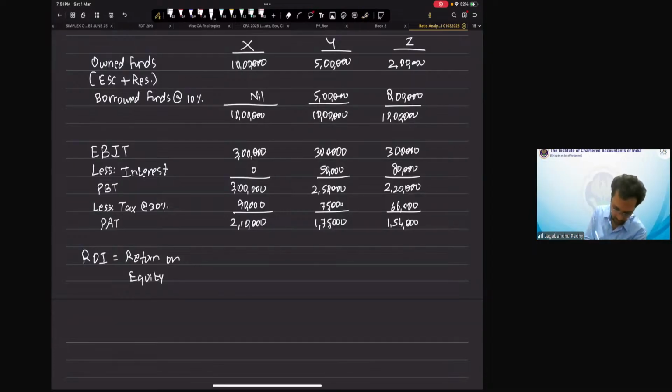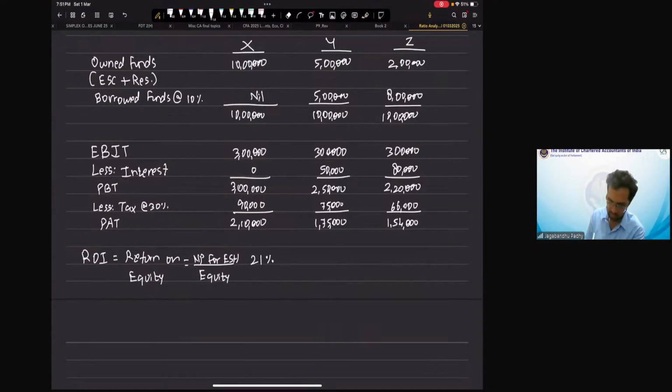Return on investment is whatever is the net profit for equity shareholders upon equity or owned funds. So on an investment of 10 lakh, company X is providing 2 lakh 10,000 as return to its investors. In percentage terms, what is the return on investment that the shareholders of X are getting?